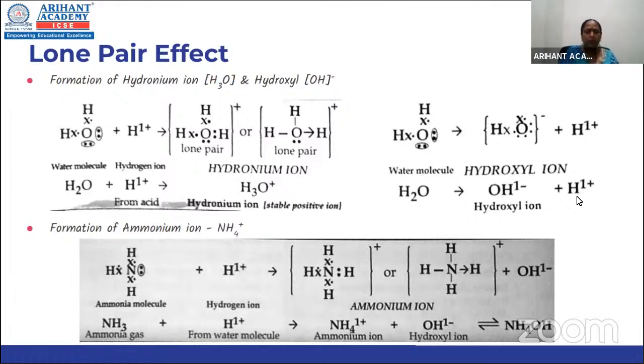It's a matter of demand and supply. H plus has lost its electrons and it's only left with 1 proton. To become stable in the first shell, it needs the duplet condition, 2 electrons in the first shell. So what will it do? It is going to approach water, and water is going to give both the electrons.